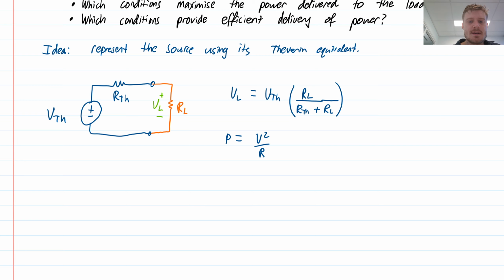So the power in the load, let's call it PL, will be the voltage on the load squared divided by the resistance of that load. So we'll have V Thevenin times R load divided by R Thevenin plus R load, all of that squared, and we divide by RL.